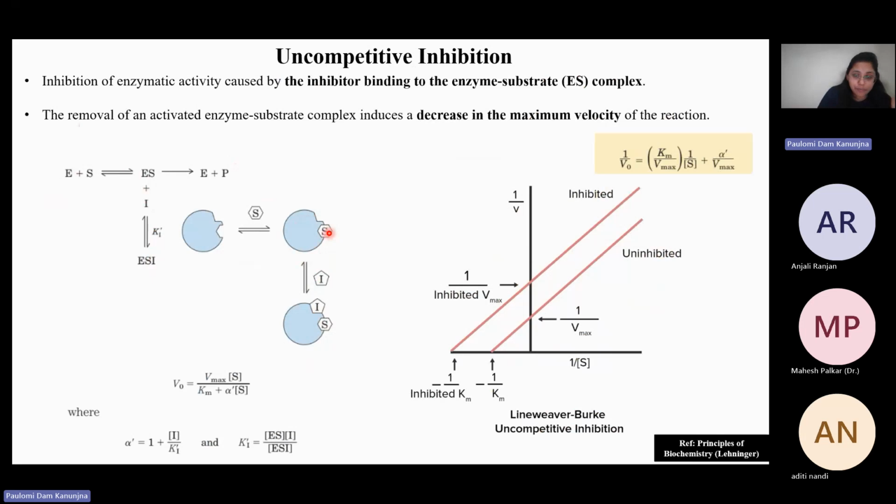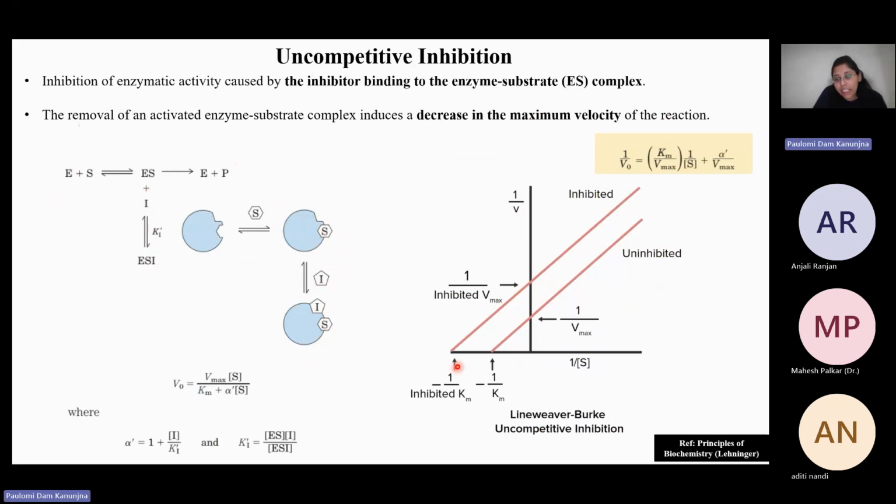Since this enzyme-inhibitor complex is stabilizing the substrate binding, less substrate is needed, because it favors the formation of ES. So you have faster forming of ES. That's why your Km also decreases, right?